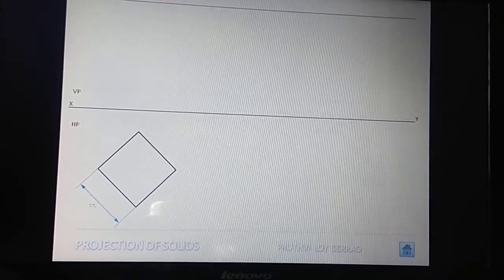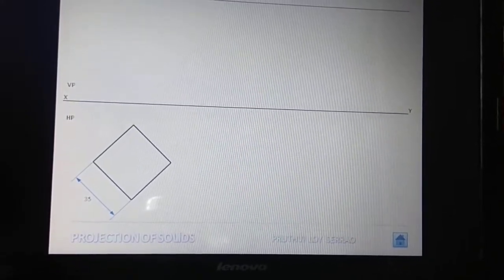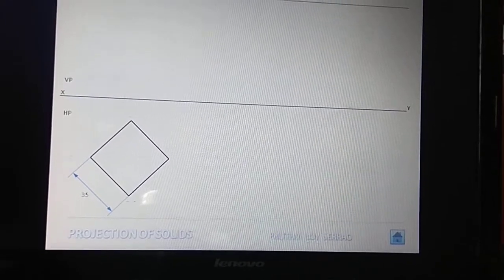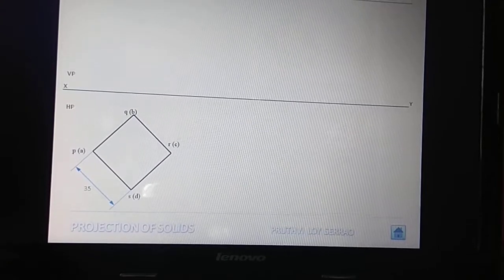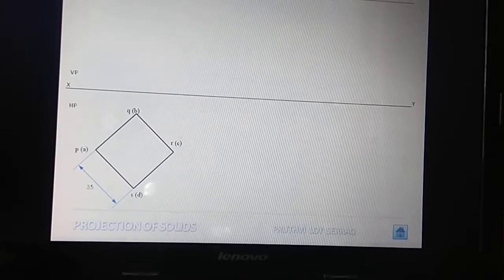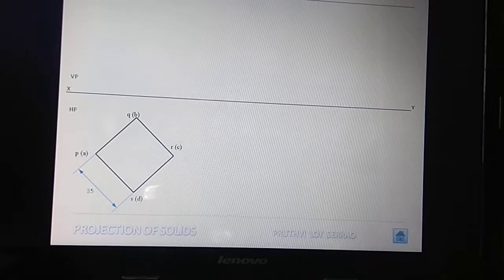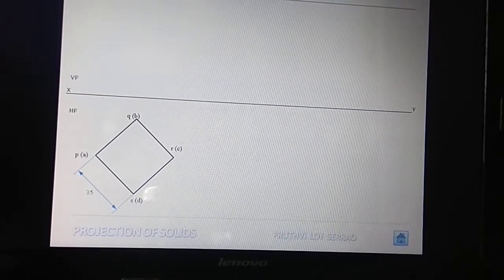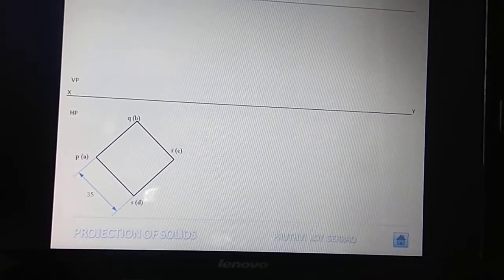First, draw the square prism resting on one of its corners equally inclined to HP. Next we have to name each corner by text. The square prism has top and bottom faces, and it is surrounded by four rectangular faces.